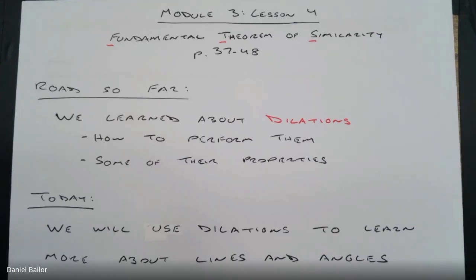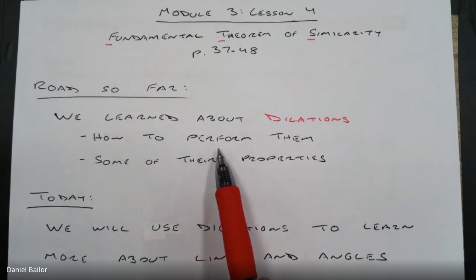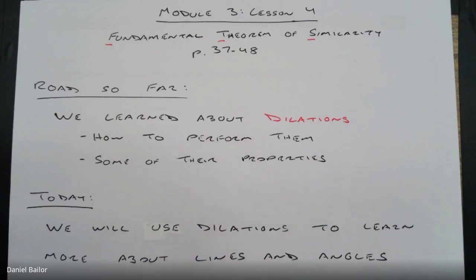The road so far, what we've learned about dilations, about how things change in size. Getting bigger, getting smaller, we learned about that. We learned how to perform dilations. You know how to dilate an object using a center, using rays, and using measurements. We also learned some of the properties of dilations.